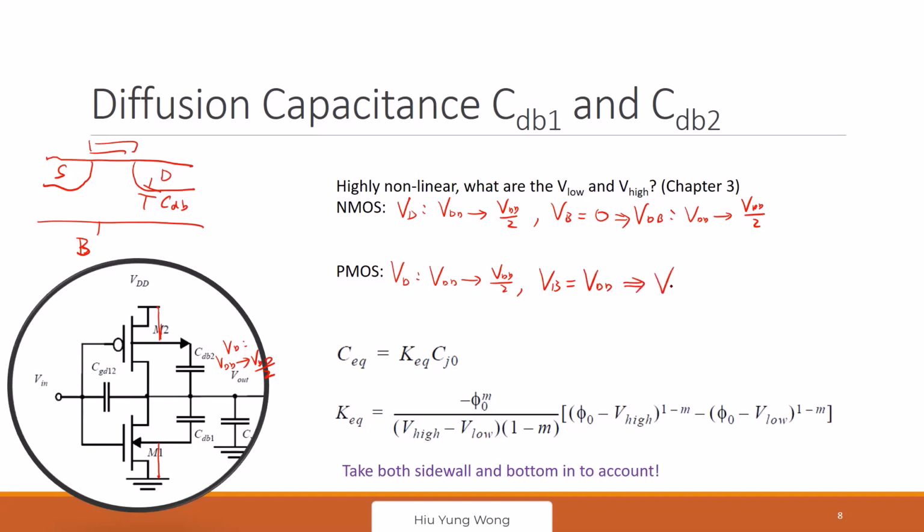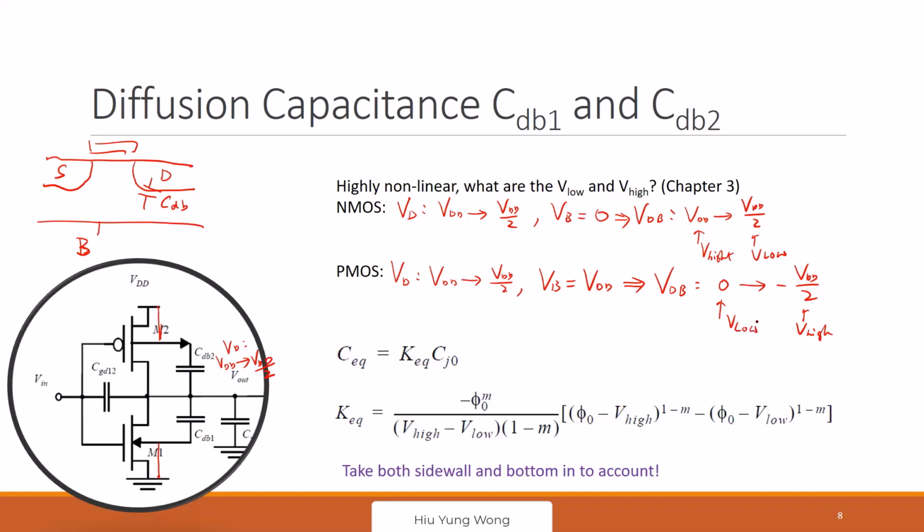So VDB goes from 0 to negative VDD divided by 2. Yeah, so you know the initial, right? So this is V low, maybe this one I call V high. This is V low, remember? This is V high, right? Their absolute values.